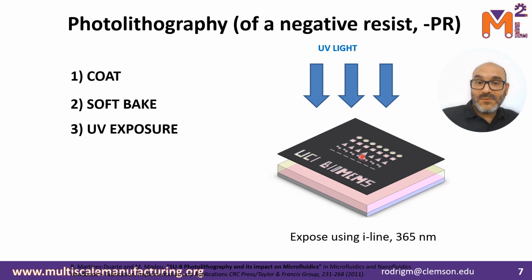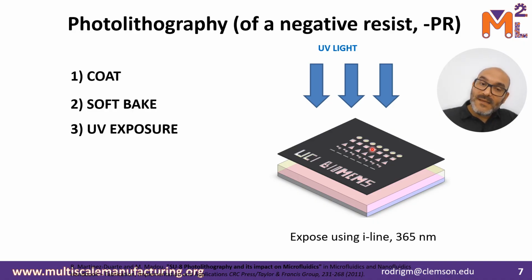In that case, we will use a mask, basically a piece of material that can be either dark or opaque to a particular UV light, or a light of particular wavelength, with opaque areas and transparent areas.